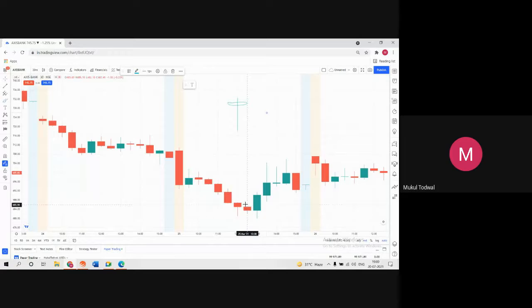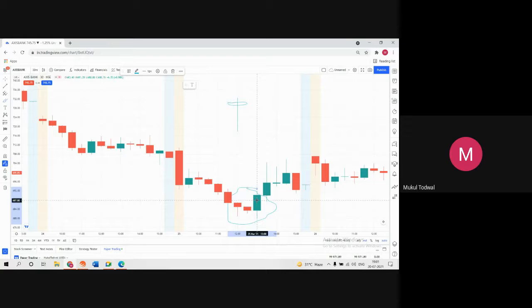Although this is not a very convincing doji, it is a doji candle followed by a green candle. Now this pattern will be known as a morning star. Again, I'm telling you, it should be a downtrend, a red candle followed by a red colored doji candle, and then a green candle. This is known as a morning star.